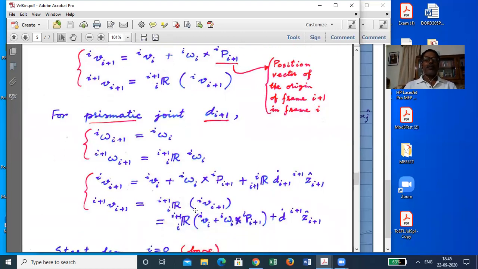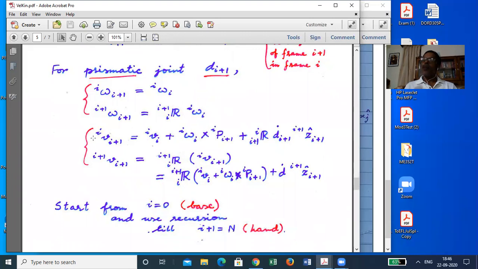So like this, by using I equal to 0 in frame 0, you can get motion quantities of frame 1. Then by using I equal to 1, you get the same thing from 1 to 2 and so on. And when you go on transforming it recursively, then finally in any frame you can get the motion of any point, any frame, whichever way you want, and that will be important for finding the actual end effector motion.